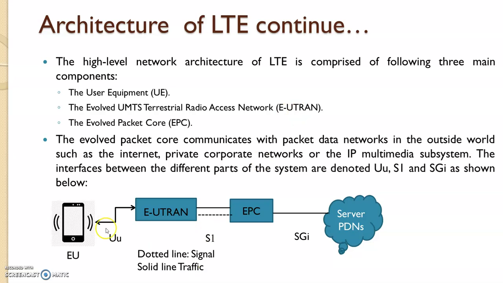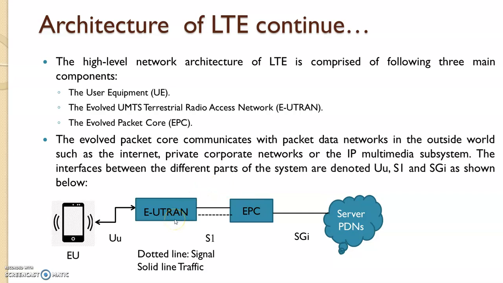On the leftmost side of this figure, you can see the user equipment, and on the right hand side you can see a cloud, which is also referred to as the server or public data network. Between these two, there is a communication between two parts of the LTE.